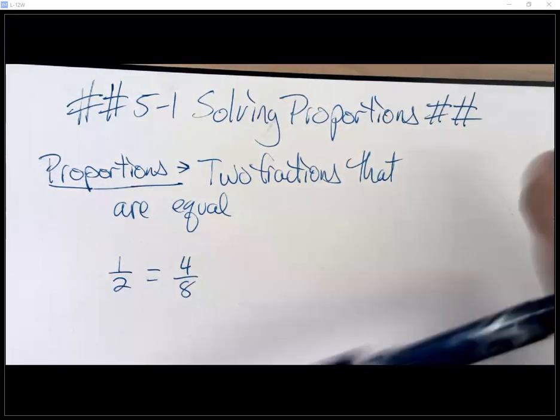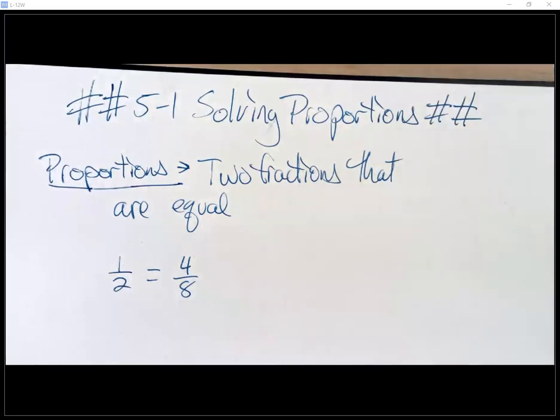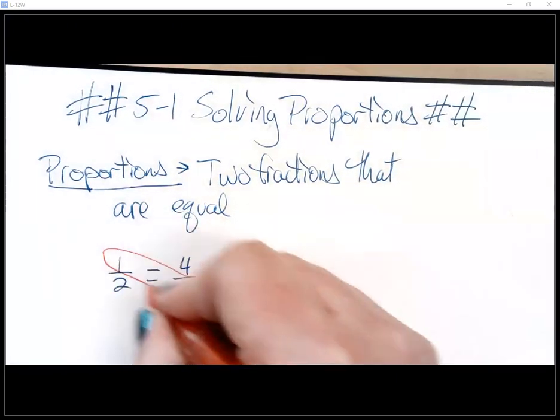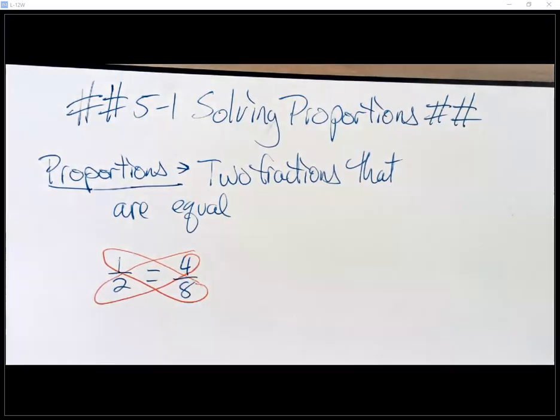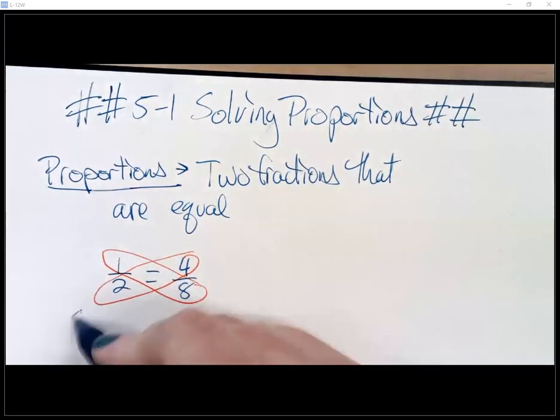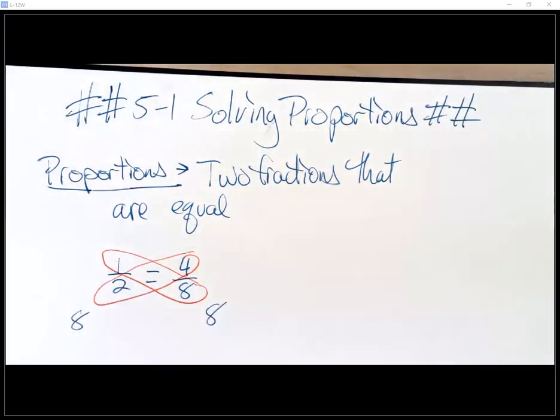Give it a go. If you multiply the two diagonals with each other, so in other words, if you multiply the 1 and the 8 together and the 2 and the 4, what do you get? Yeah, you get 8 both times. When I multiply these two, I get 8. When I multiply these two, I get 8. You think that's a fluke or is that always going to happen?